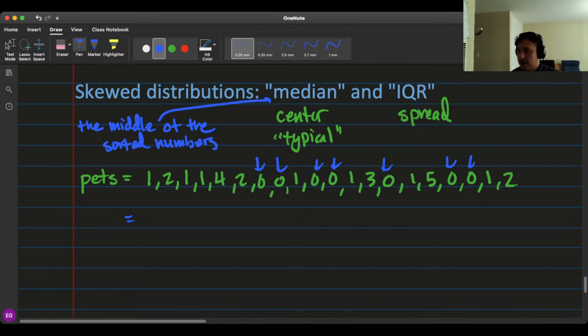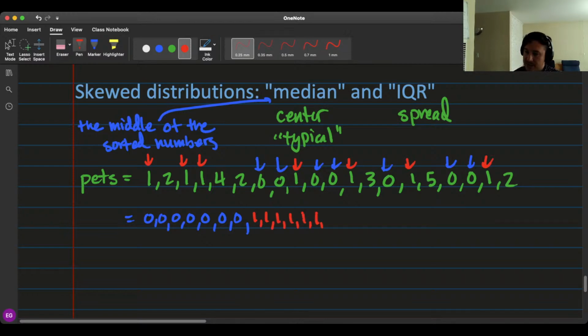So there are 1, 2, 3, 4, 5, 6, 7 zeros. And then you go to the next number. 1, 2, 3, 4, 5, 6, 7 ones. Then you go to the next number. 2.